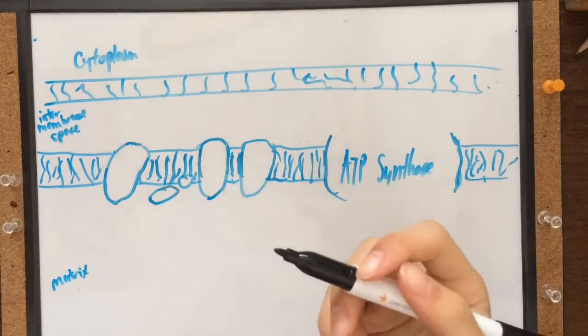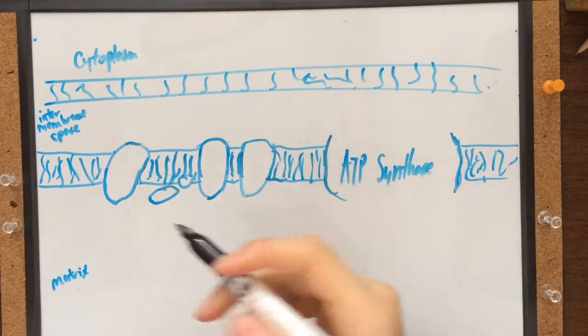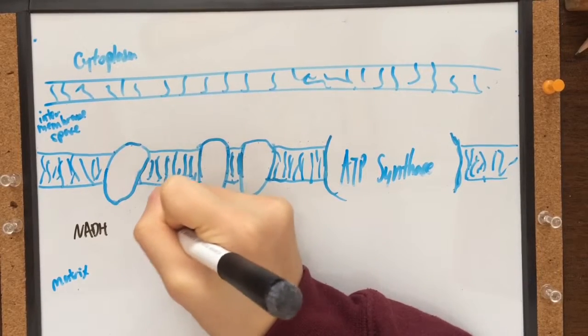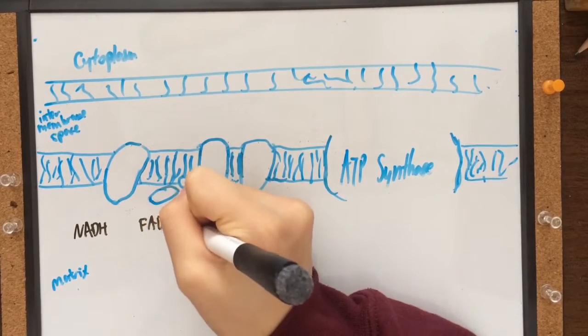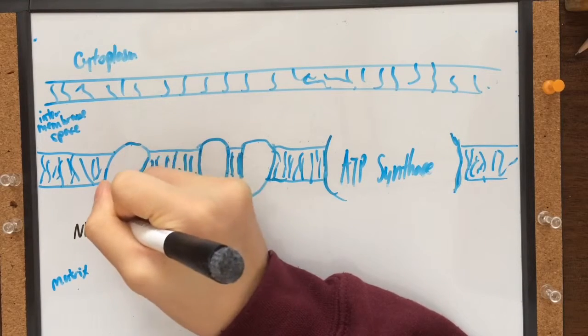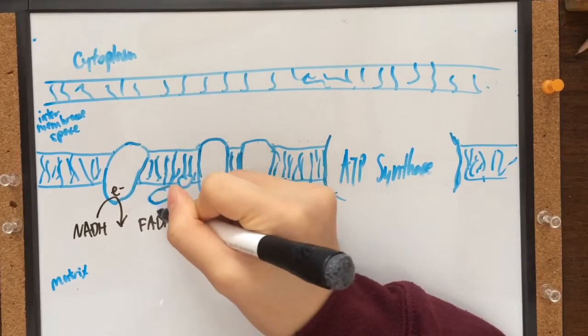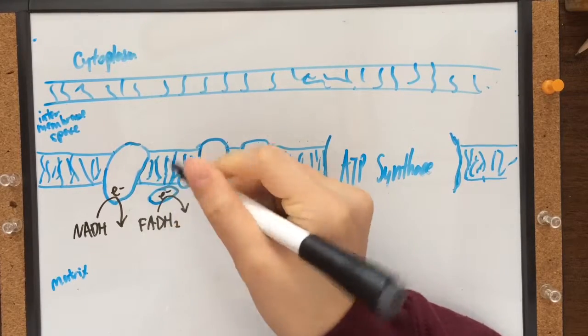So in more detail and visuals, the electron carriers NADH and FADH2 release their electrons at the very start of the electron transport chain.